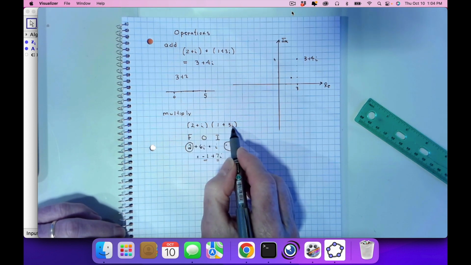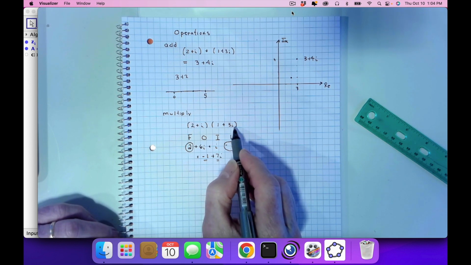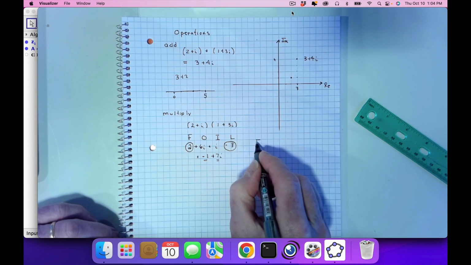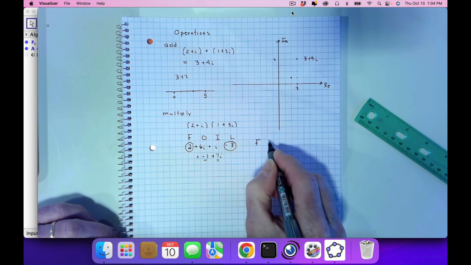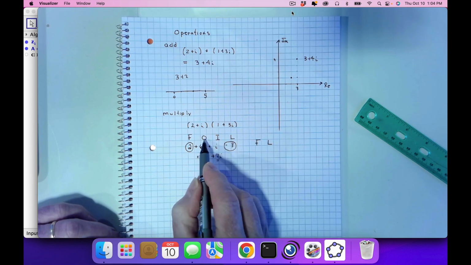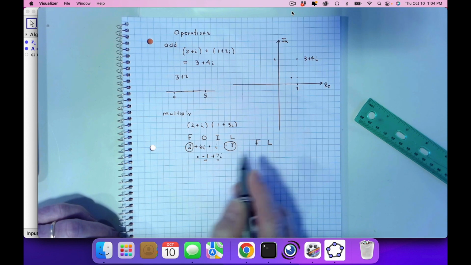You're always going to have that i squared, which is going to be turned into a real number. So sometimes it's better to do it in this order. Take the first terms and then multiply by the last terms. Now the outer and inner are what yields the imaginary part.